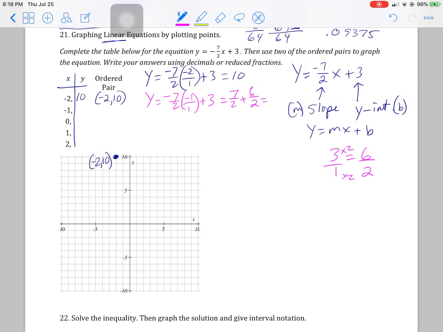Okay, so that's going to be a 13/2, which is the same as a 6.5. So since we're graphing it, let's go with a 6.5. It says write your answer using decimals or reduced fractions, so it would take either one, but to graph it, I'm going to go with the decimal. So where is -1 and then up to 6.5 is about right there.